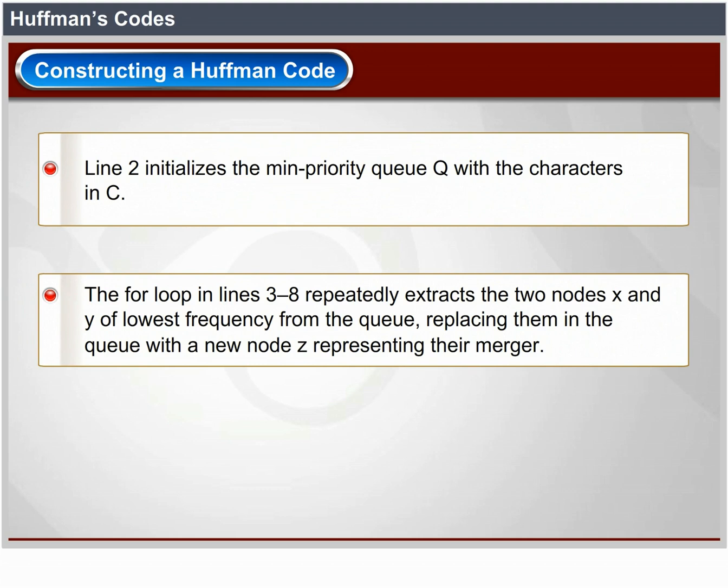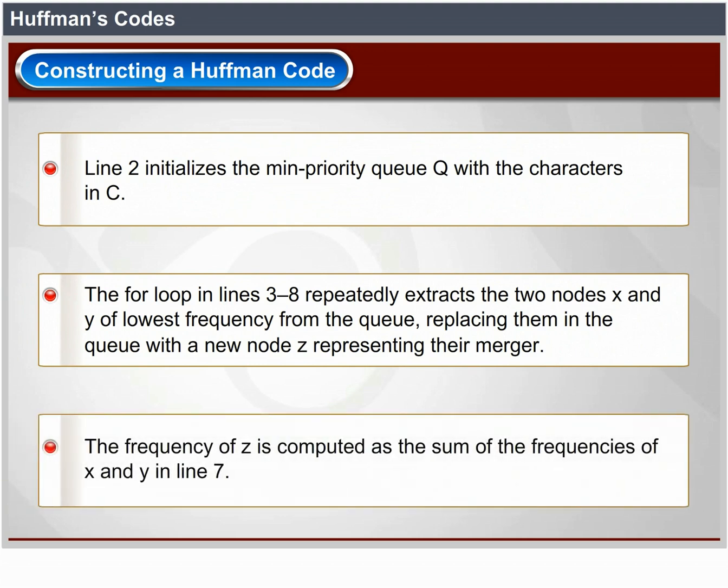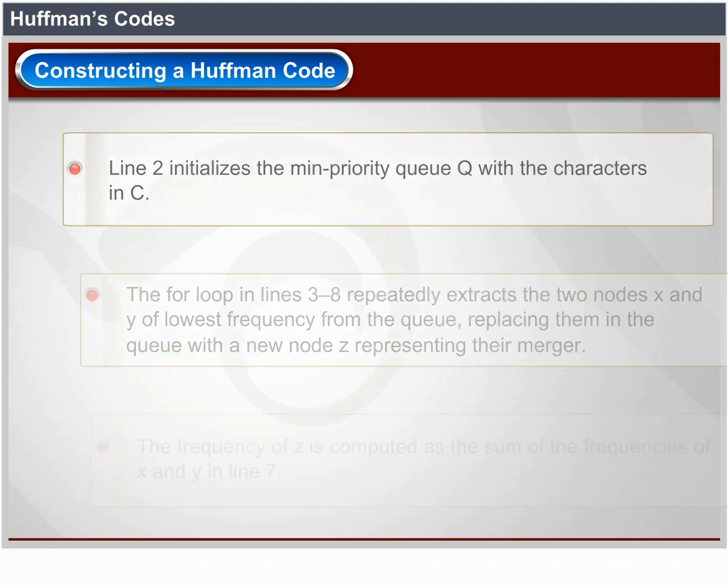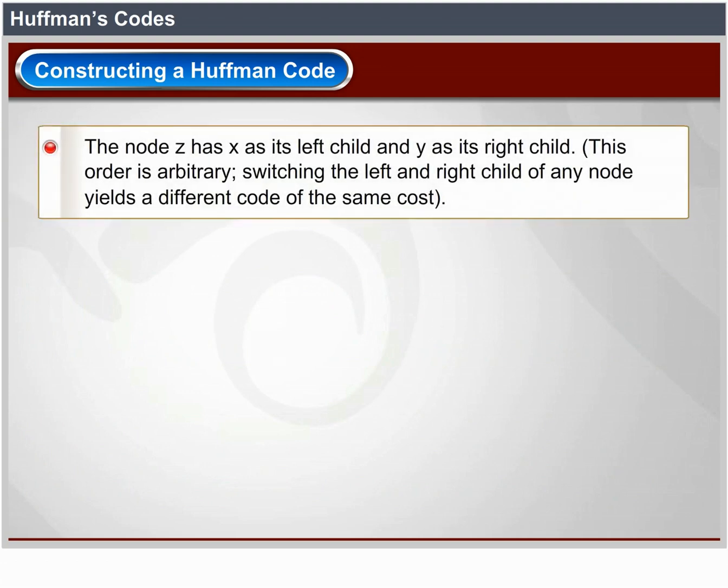The frequency of z is computed as the sum of the frequencies of x and y in line 7. The node z has x as its left child and y as its right child.